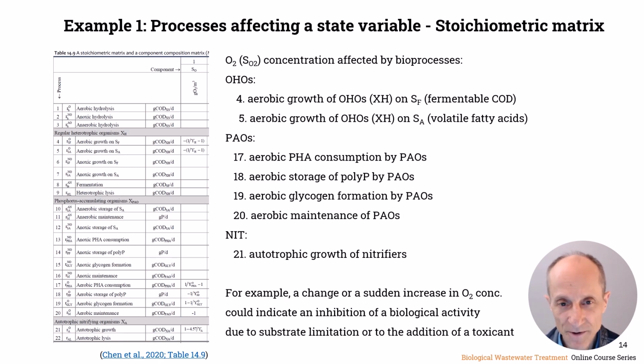In this example, the oxygen concentration can be seen to be affected by the activity of 3 groups of organisms for a total of 7 aerobic processes, which are the growth of ordinary heterotrophic organisms on fermentable substrate or volatile fatty acids, the activities of phosphorus-accumulating organisms for the consumption of PHA, the storage of polyphosphate, the formation of glycogen, and maintenance, and for the growth of nitrifiers.